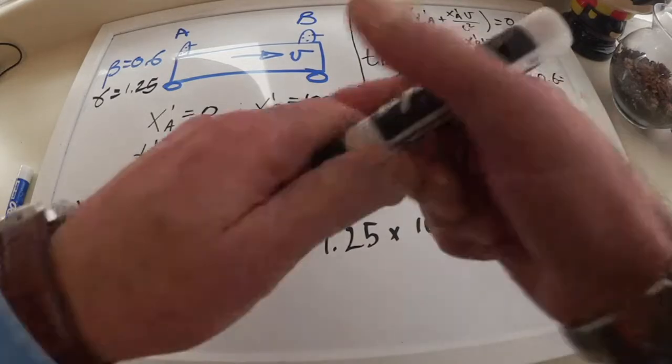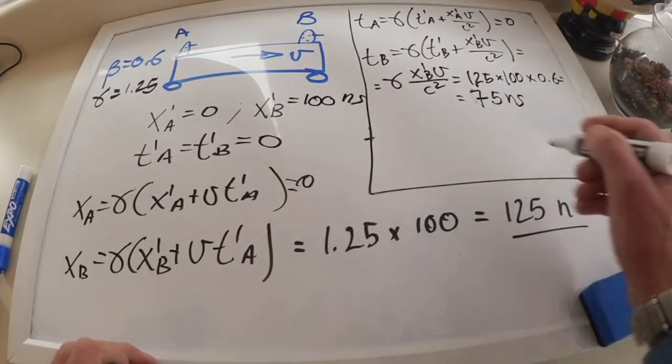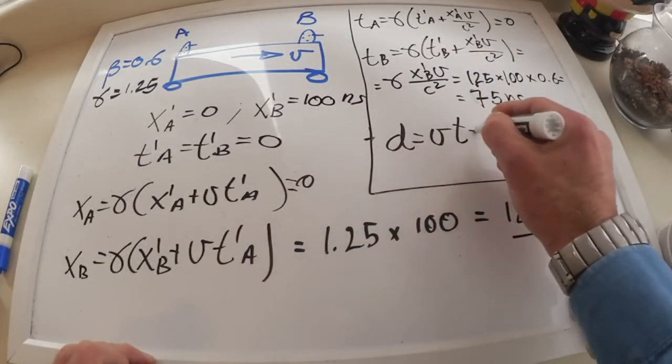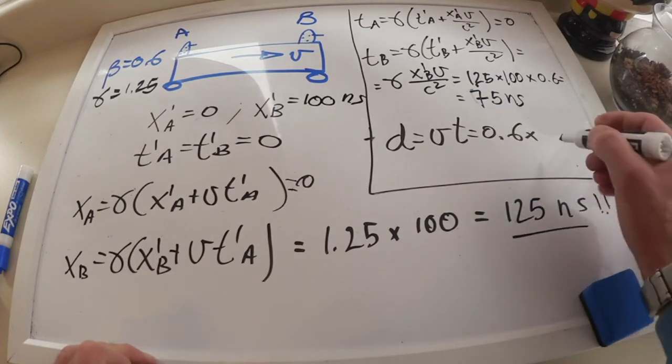Both shots are not simultaneous. So even though the Daleks are separated by 80 nanoseconds, the Dalek at the back of the train shoots first and the Dalek at the front of the train shoots later, and meanwhile the train has moved. Actually, it has moved beta times delta t, which is 0.6 times 75.